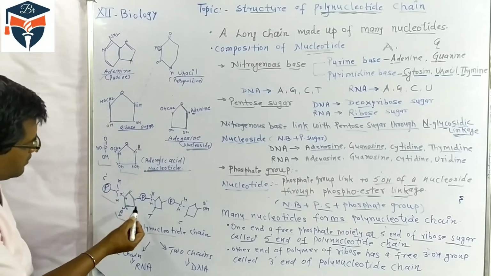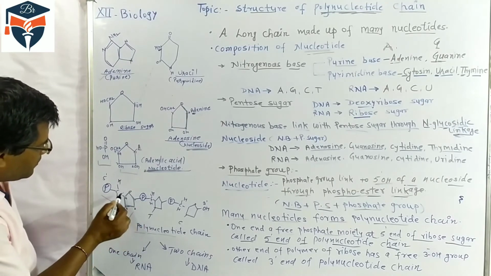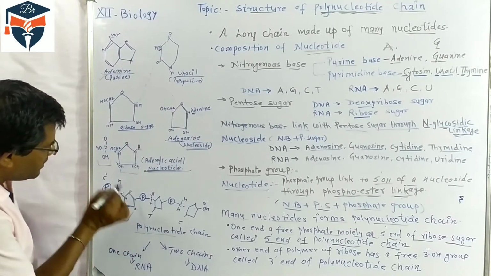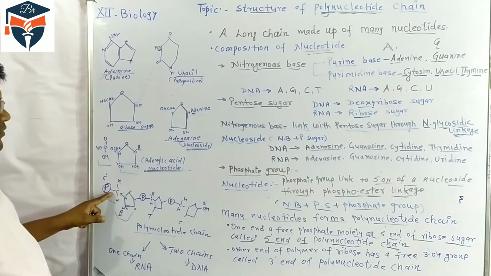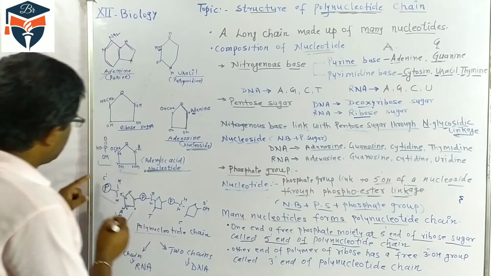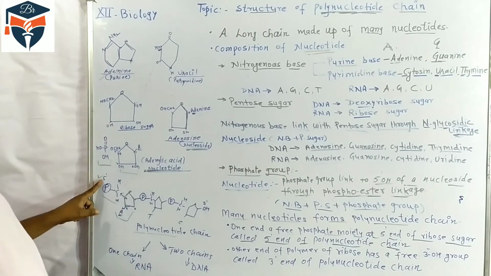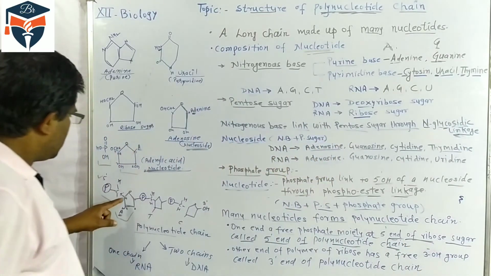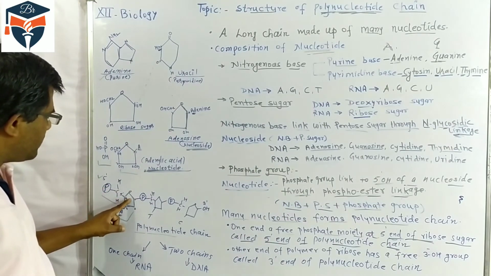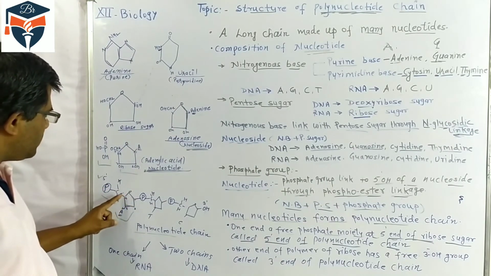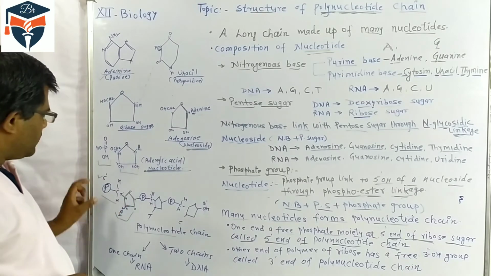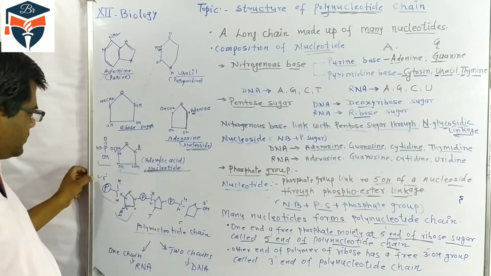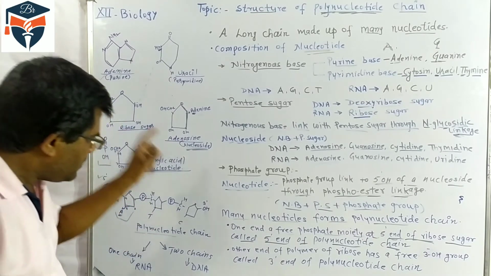In pentose sugar, there are carbon atoms 1, 2, 3, 4 and 5. At the 5th position of the carbon atom, the phosphate group is attached. And this end is called the 5th end of the ribose, because at this 5th carbon of the ribose sugar, the phosphate group is attached. So one end of the polynucleotide chain is the 5th end.